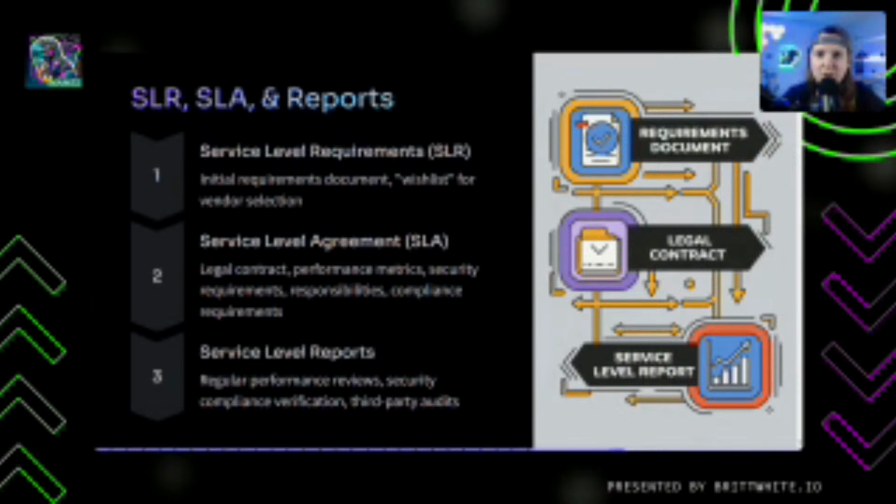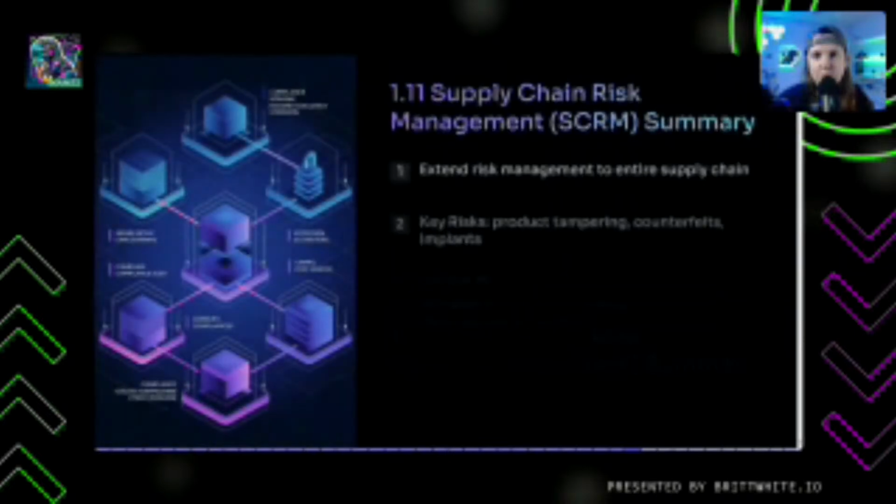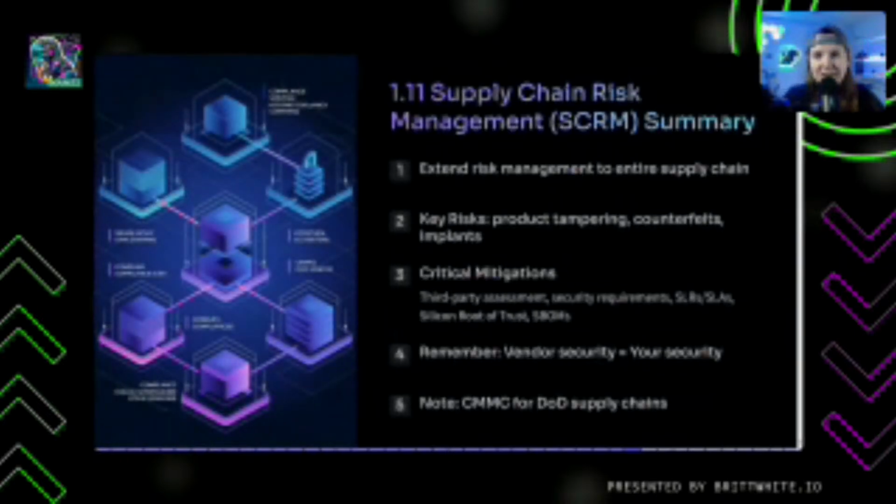Alright, let's do a quick review for exam objective 1.11. Supply chain risk management is vital. Extend risk management to your entire supply chain. Be aware of product tampering, counterfeits, implants. Implement SCRM mitigations, including third-party assessment, minimum security requirements, security-focused SLRs and SLAs, Silicon Root of Trust, and SBOMs.